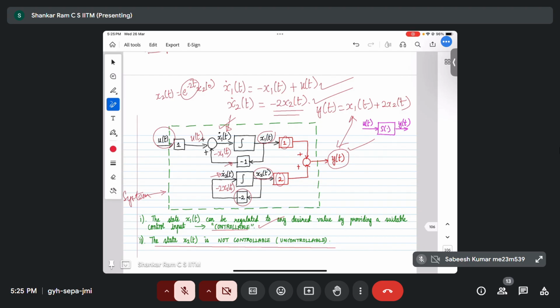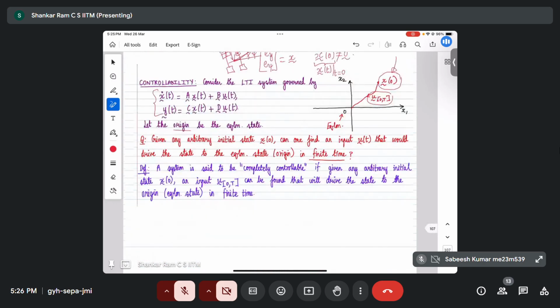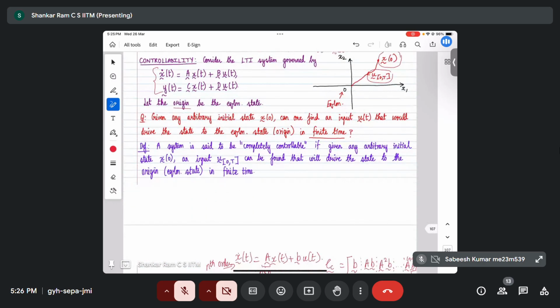This is the bottom line as far as controllability is concerned. We formally define controllability as the notion where we want to find a control input such that the initial state is driven to the origin in finite time.